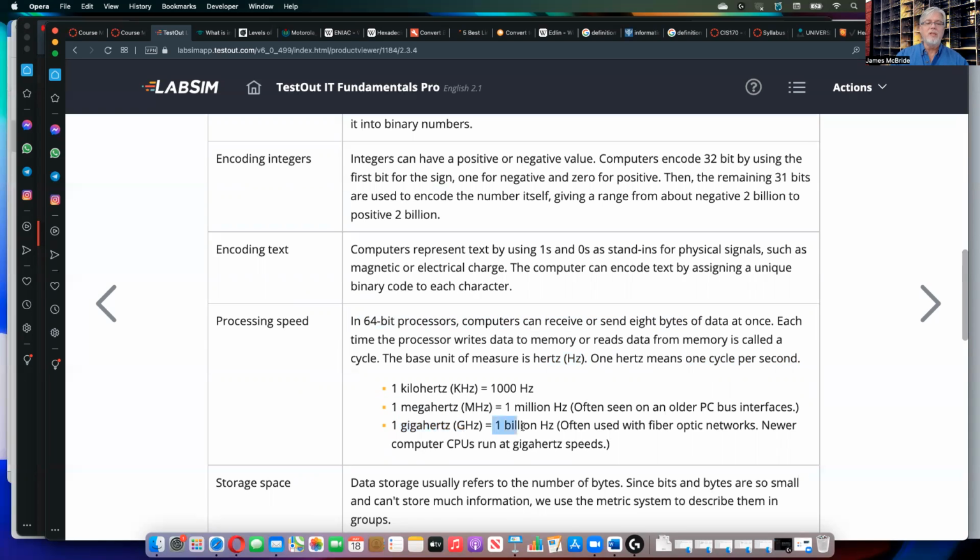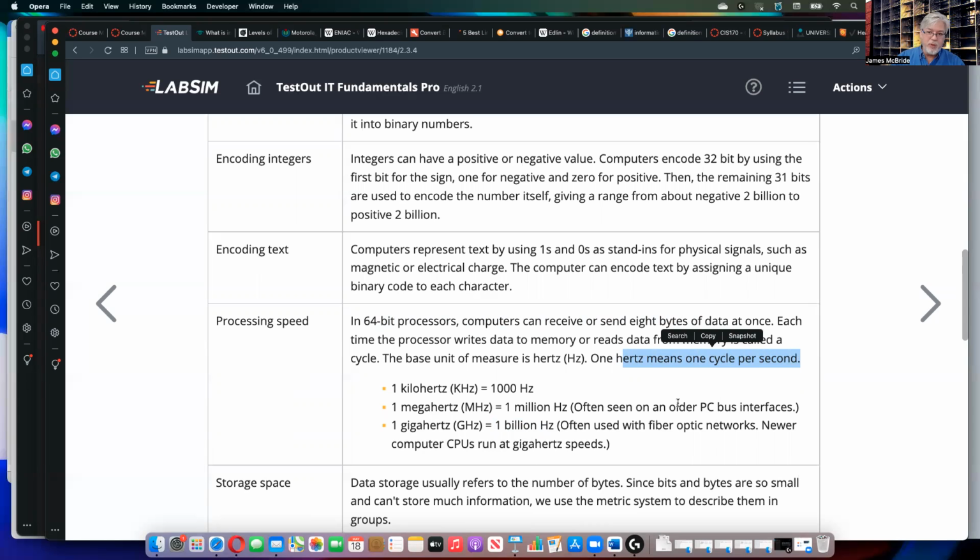That's 1 billion hertz, 1 billion cycles per second in a gigahertz. So we're dealing with processors that are 2.4s, 3.2s, that have a boost of about 4 gigahertz. Wow.